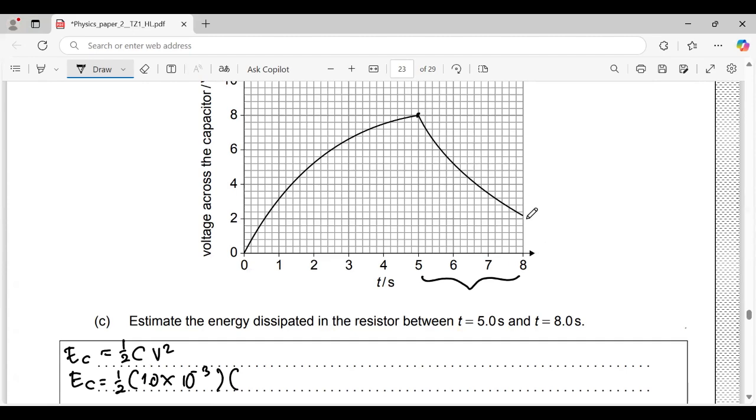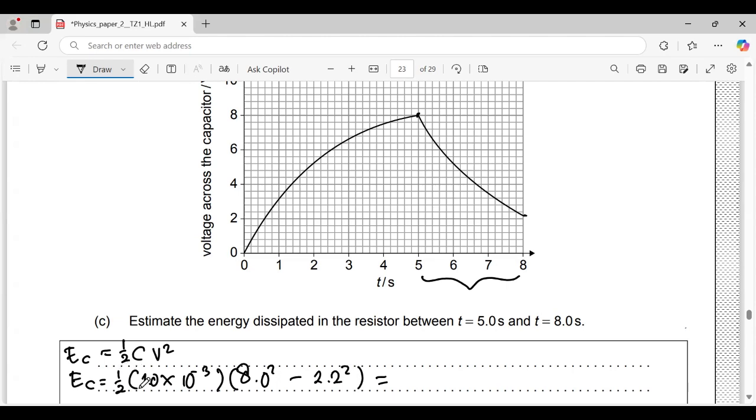When t equals 8, the potential difference is this one, 2.2. So 8.0 squared minus 2.2 squared.